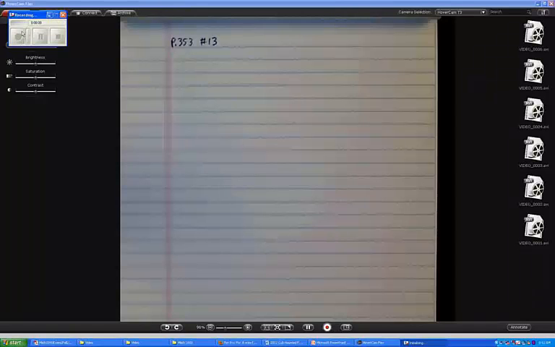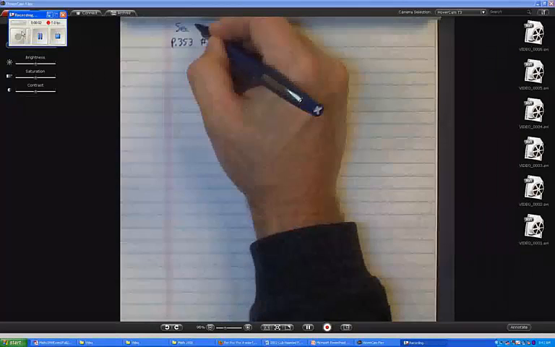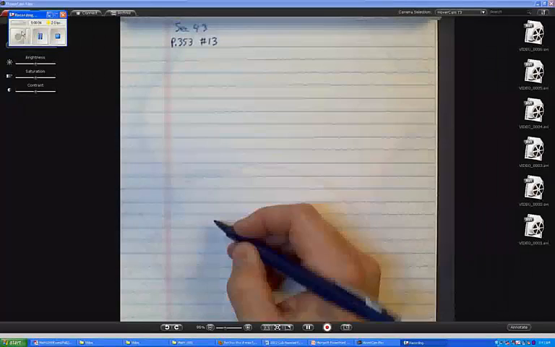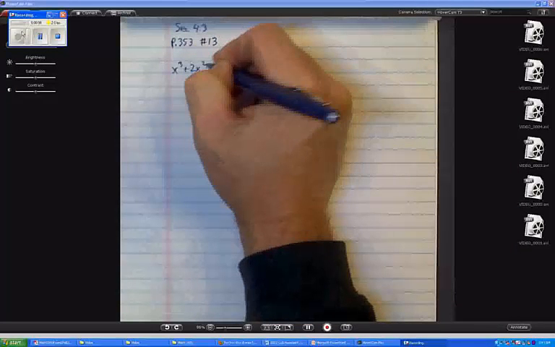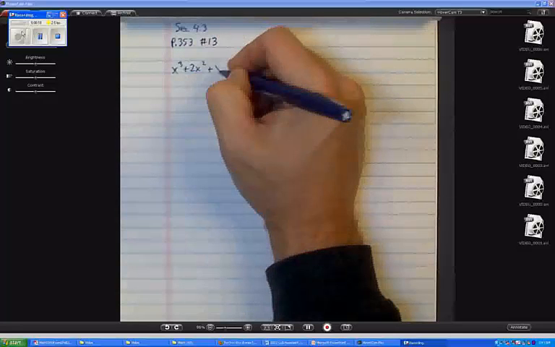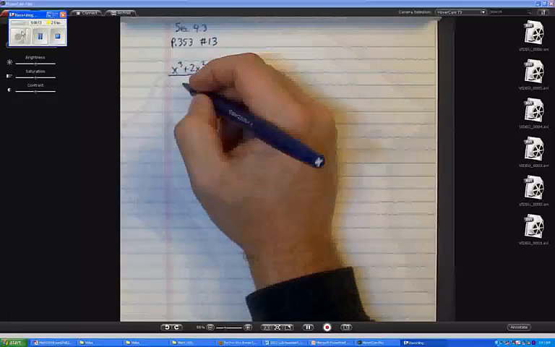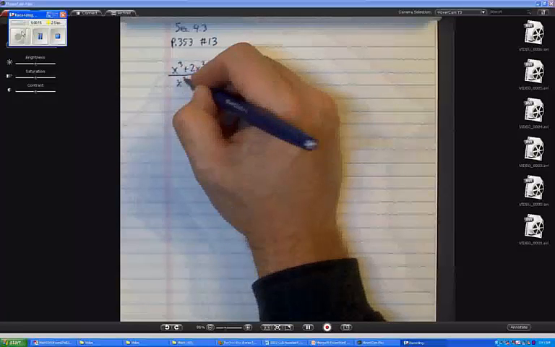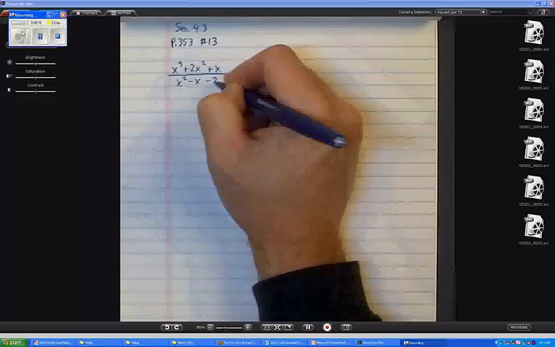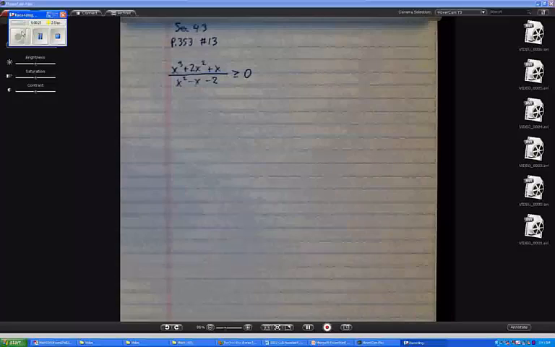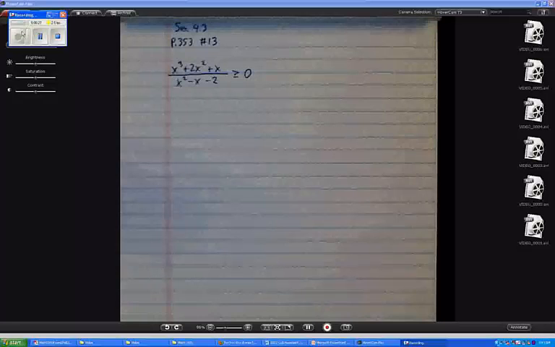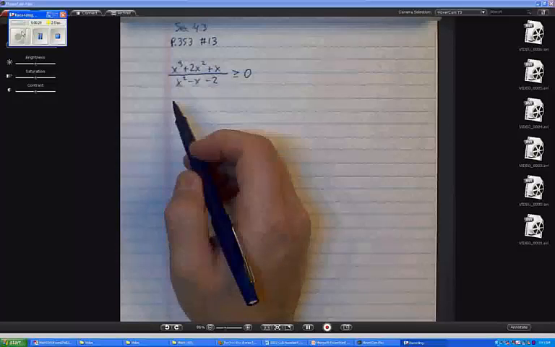Okay, so this is still section 4.3. You have x cubed plus 2x squared plus x over x squared minus x minus 2 is bigger than or equal to 0, right? That's what we're trying to figure out. This one is really kind of nice because it's already just one rational function.